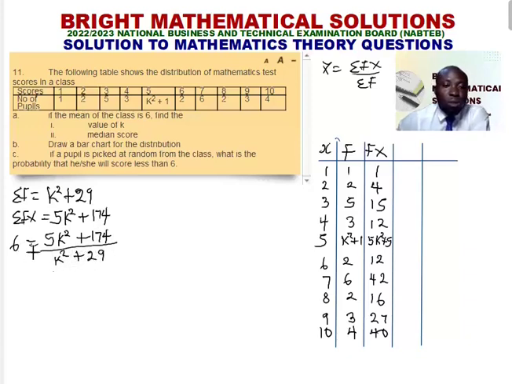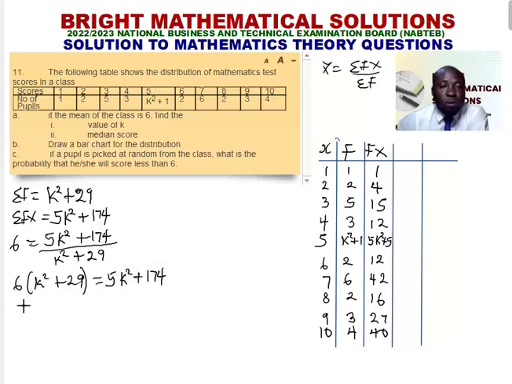So let us cross multiply. Therefore 6 into brackets k squared plus 29 equals 5k squared plus 174.